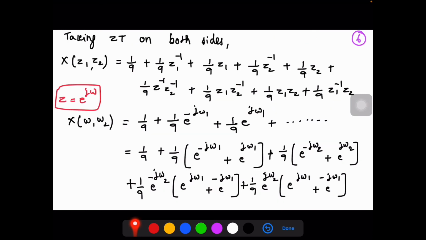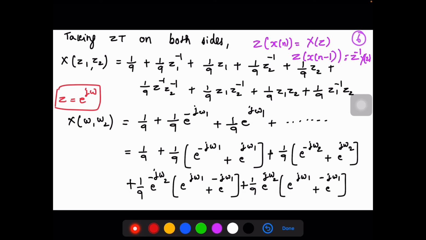Let's take Z transform on both sides. So you will be getting 1 by 9, 1 by 9 Z inverse, and since you know that when you take Z transform for x of n, it's going to be X of z. Yes. So when you take Z transform for x of n minus 1, it is delayed by 1 unit, so z power minus 1 into X of z.